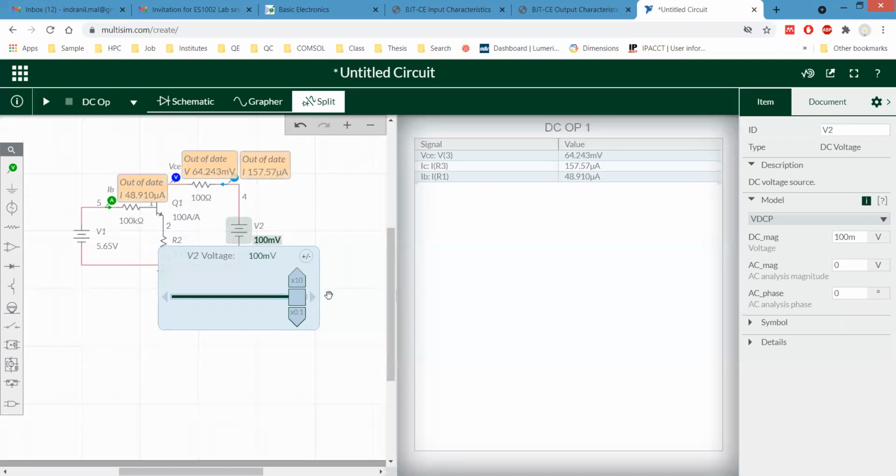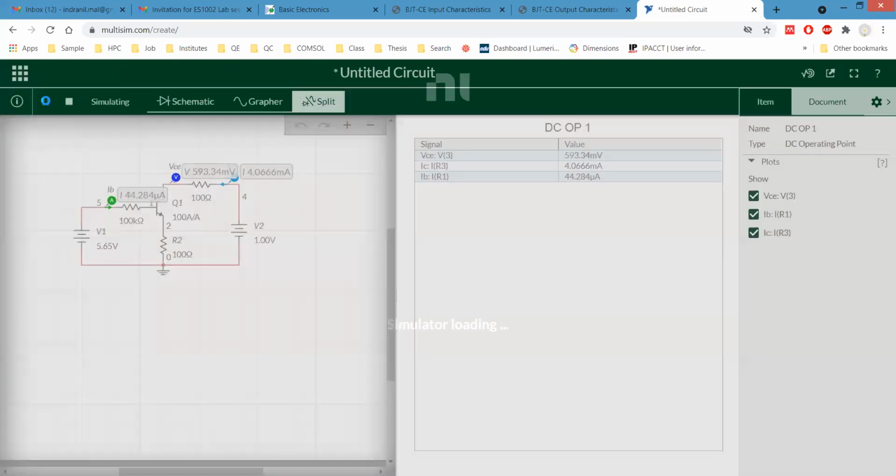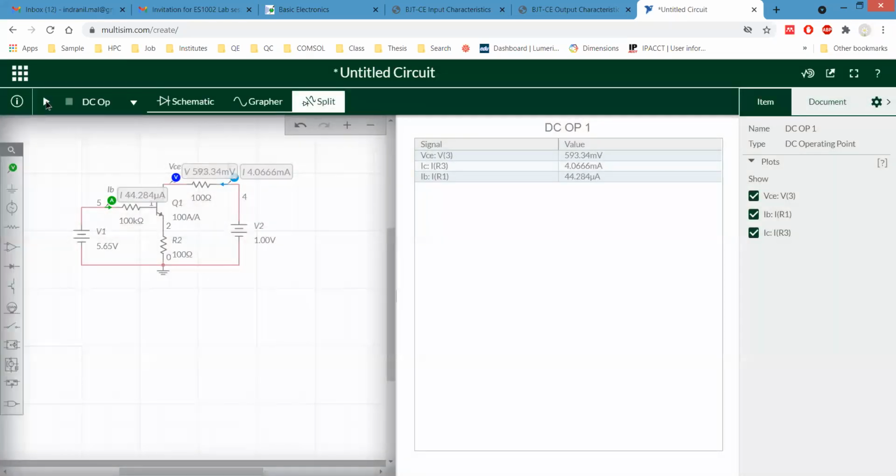80, then 100 millivolt. No. 1 volt. Yeah, please note it down. 0.593 volt and current is 4.06 milliamps. Noted. Okay, good.